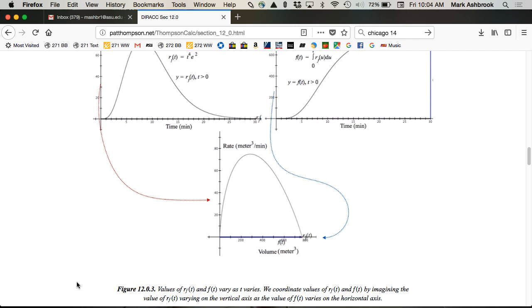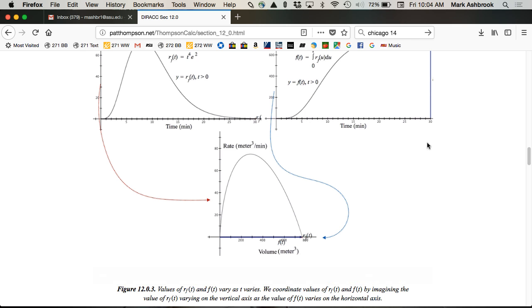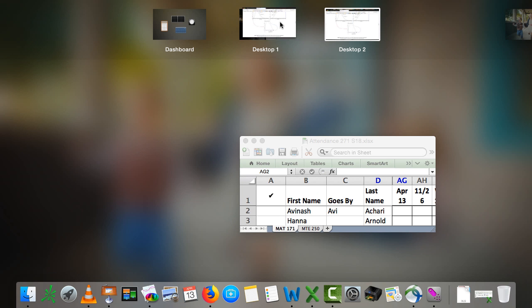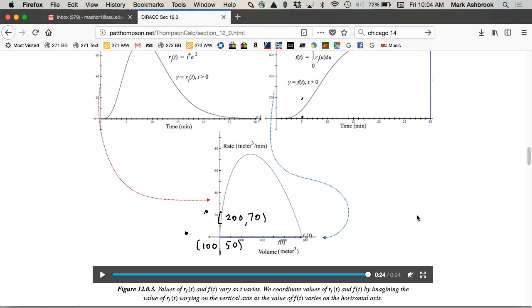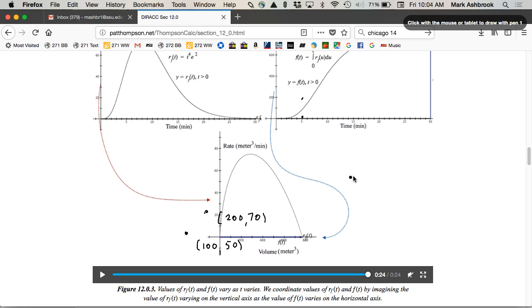Okay, so this new relationship is an example of what we call a parametric function.